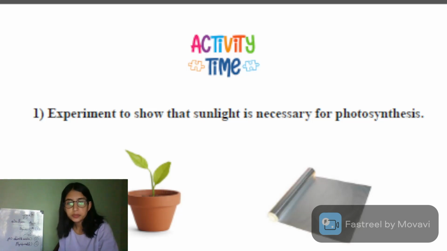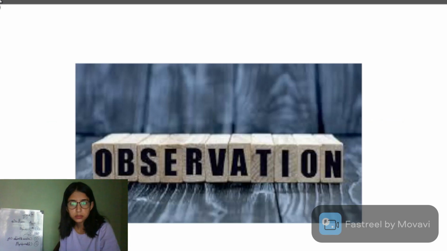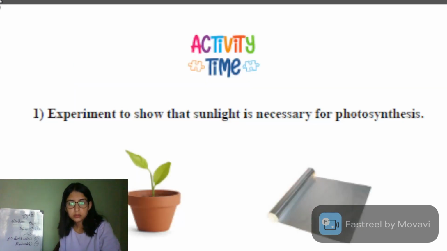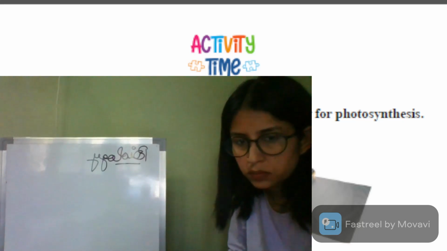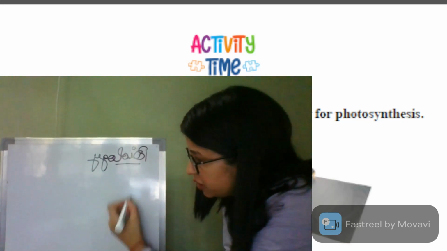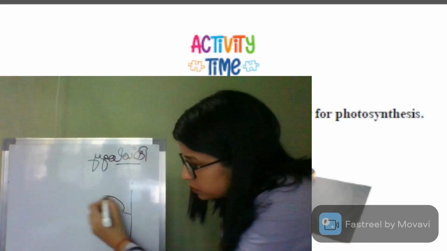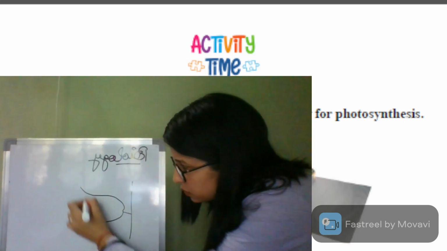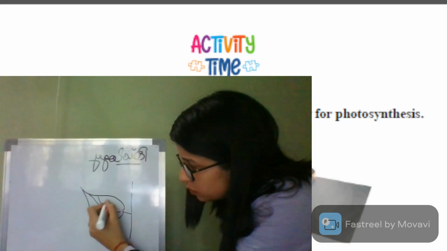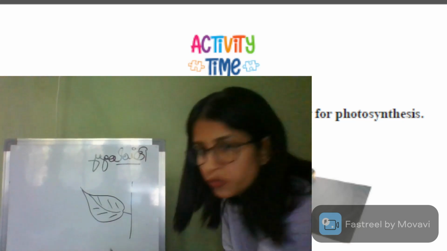We'll be checking that. So in this experiment there is this plant and there is this aluminium foil that we are having. So we'll just make a leaf here, right?